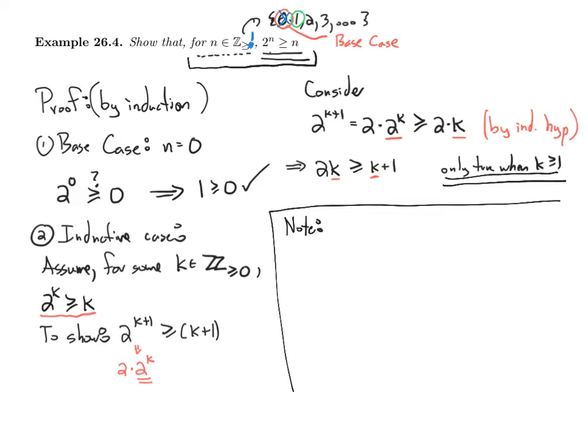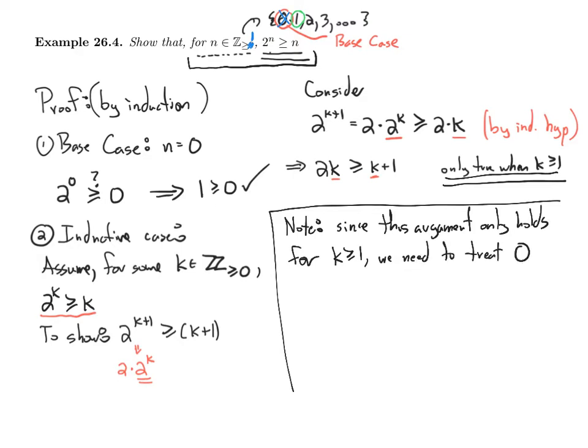Note, since this argument only holds for k greater than or equal to 1, we need to treat 0 as a special case.